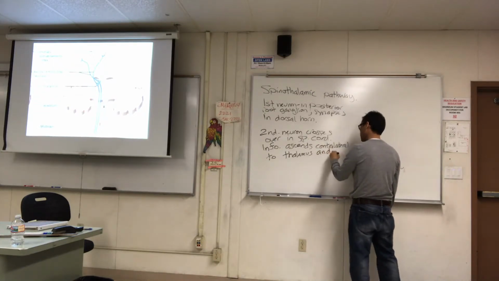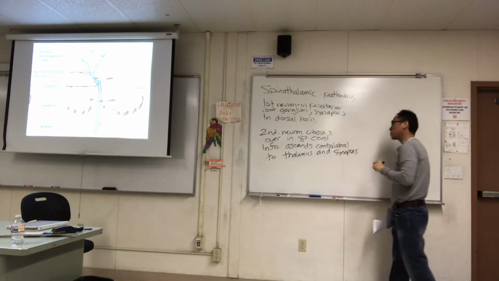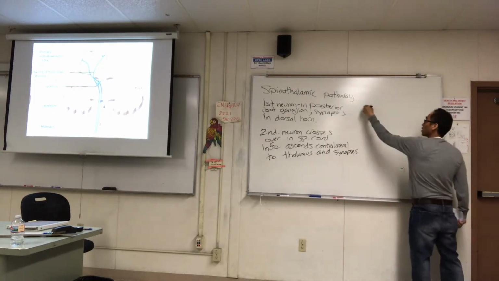When it gets to the thalamus, it synapses. So that's the synapse to the third neuron.